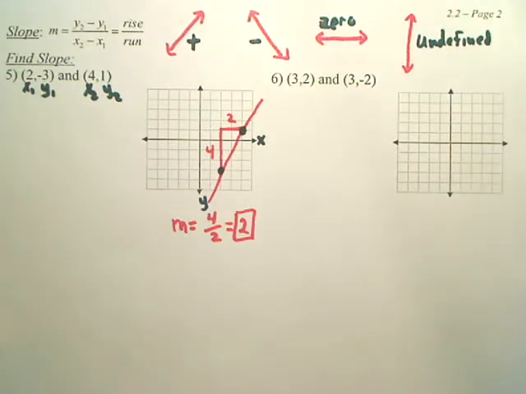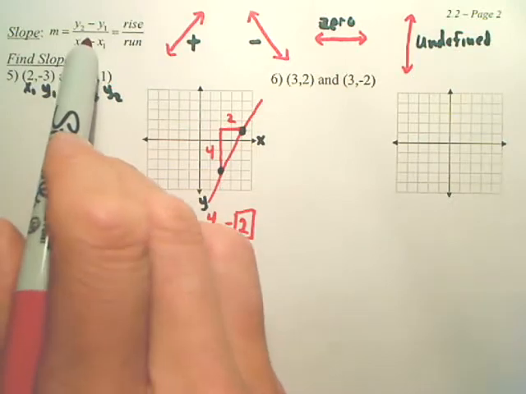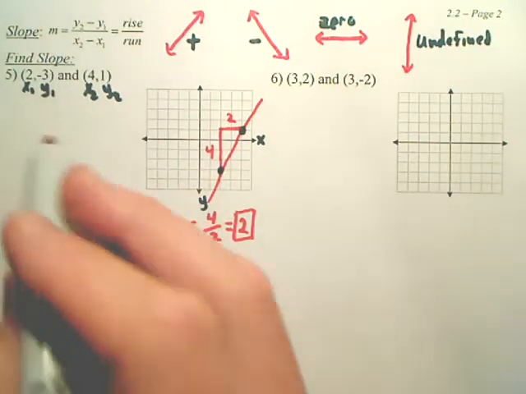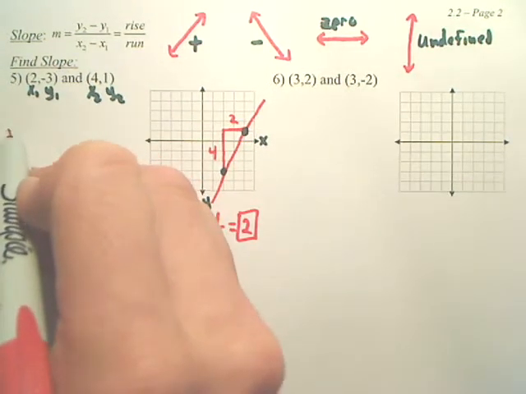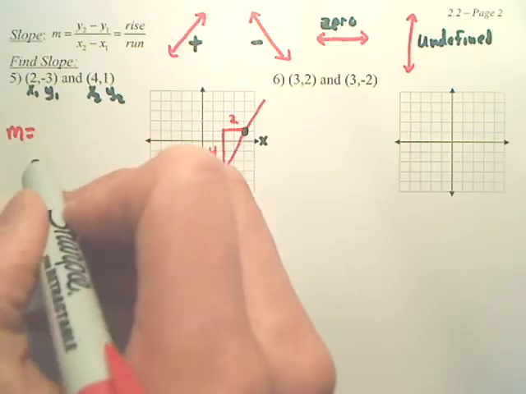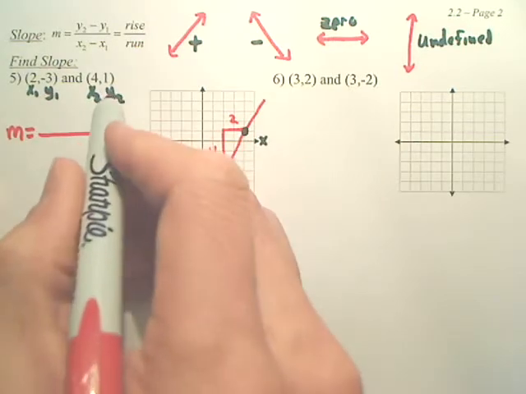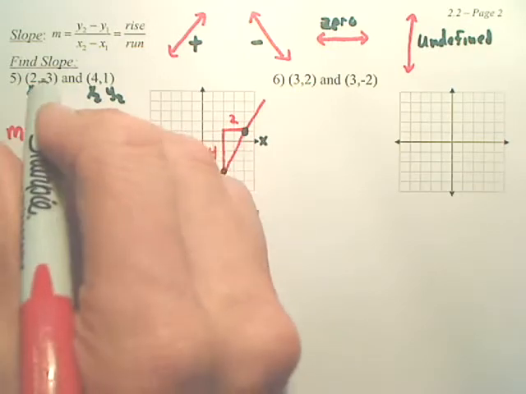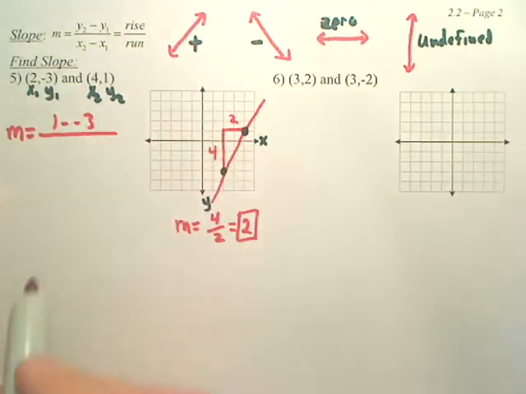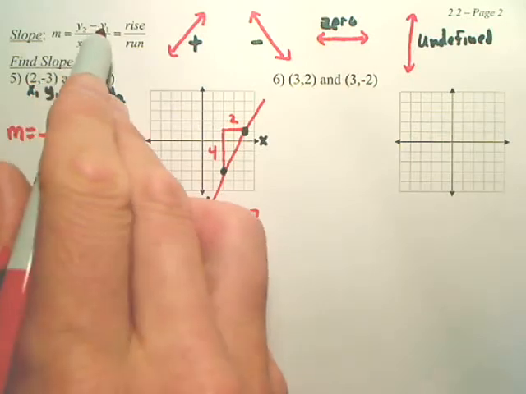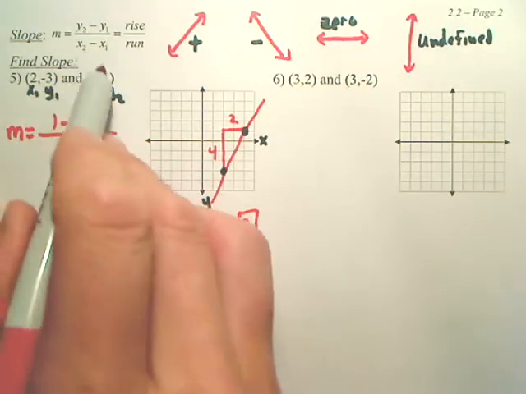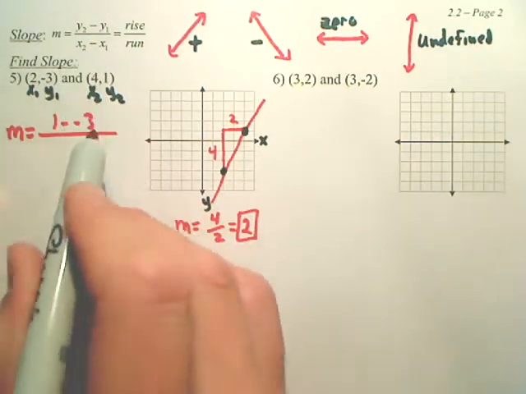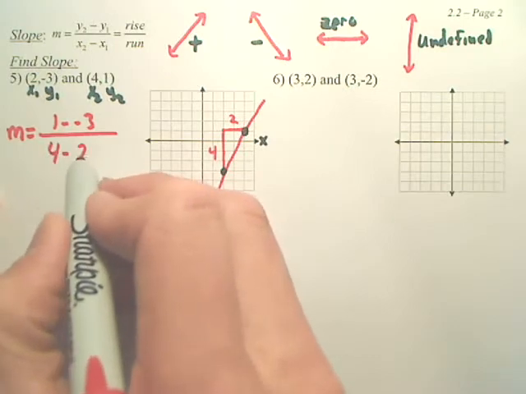Now, for some of you, you don't want to deal with a graph. This formula is a lot better. So here's how you do the formula. M equals y2 is 1, y1 is the -3, y2 minus y1 over x2 minus x1, so that'd be 4 minus 2.